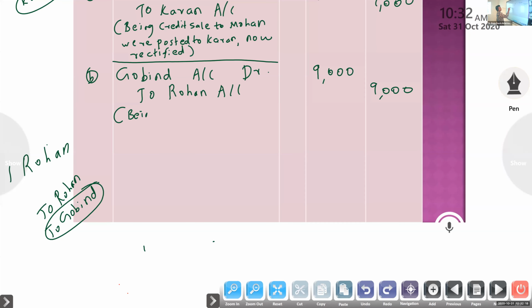Being credit purchase from Rohan were posted to Govind, now rectified.